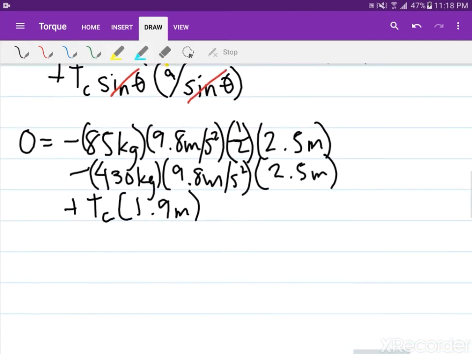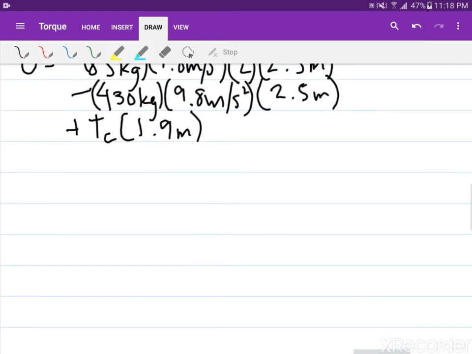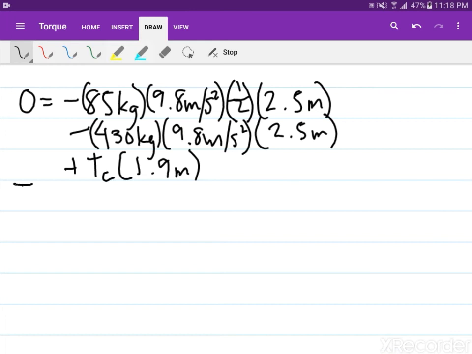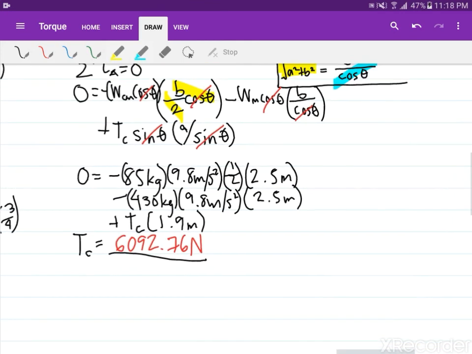So solving for TC, we get 6,092.76 newtons. Okay, so that is TC.